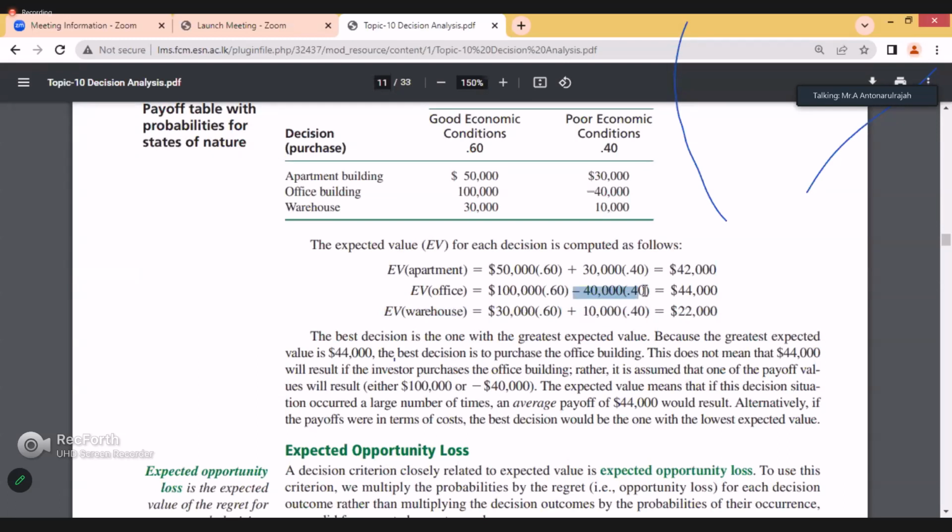Loss is also there, but these losses are offset by the good economic conditions. It is the reality. Otherwise, sometimes while we are choosing this purchase, there are poor economic conditions, and there will be a loss.